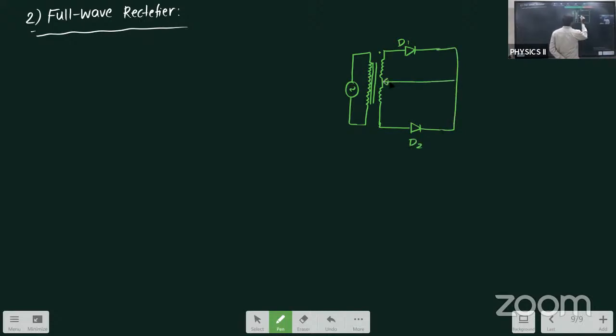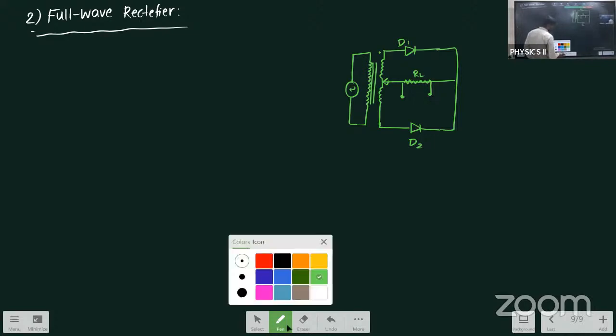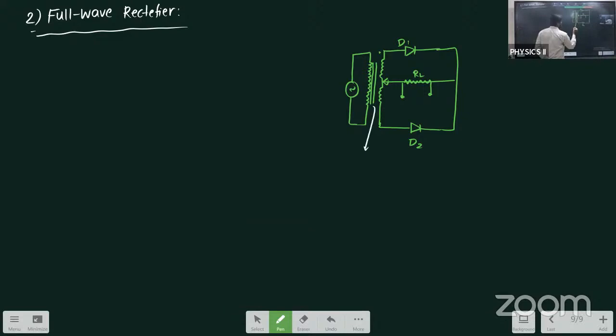Here I will be taking the output. This is called the load resistor. RL represents what? Load resistor. From there we'll be taking the output. Here we'll be using a special transformer that is called a center tap transformer.